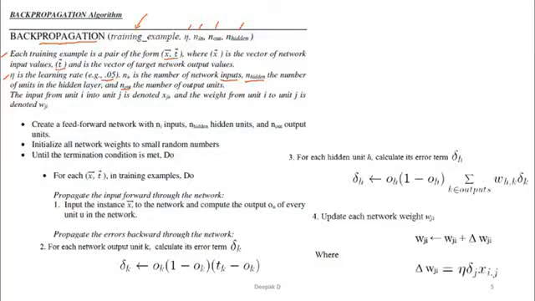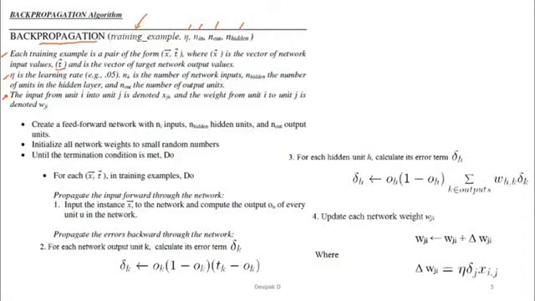And here the notation is the input from unit i into unit j is denoted as x j i, and similarly the weight from unit i to unit j is represented as w j i. So these are some of the basic information required for the algorithm.